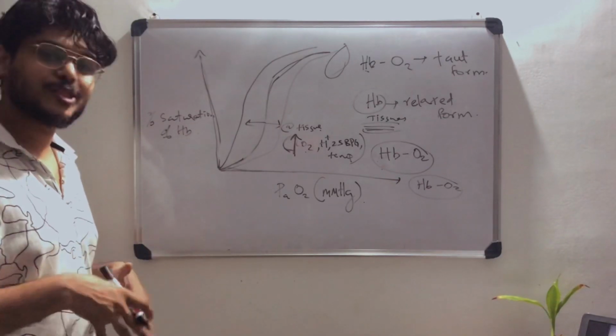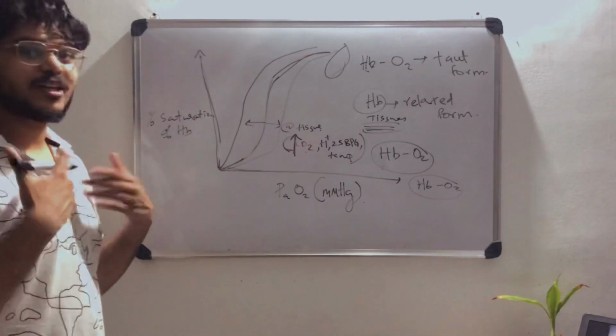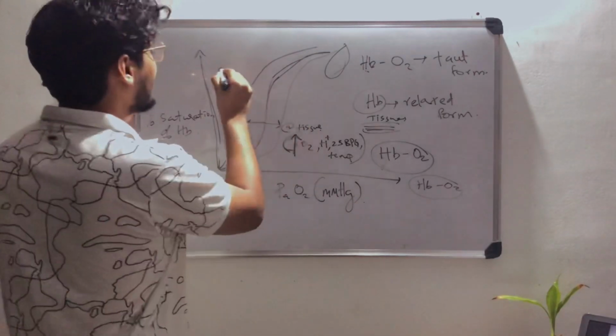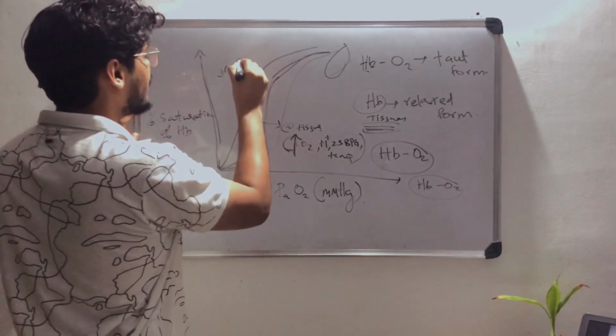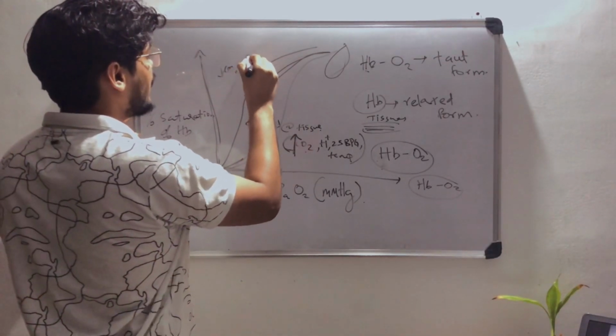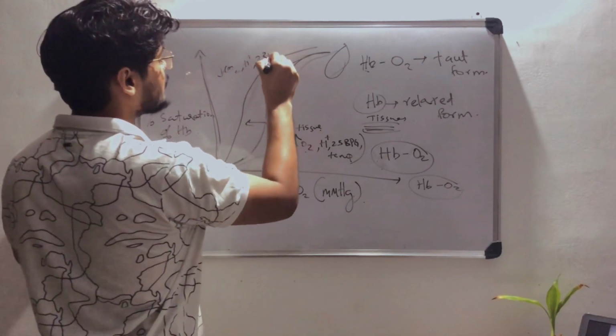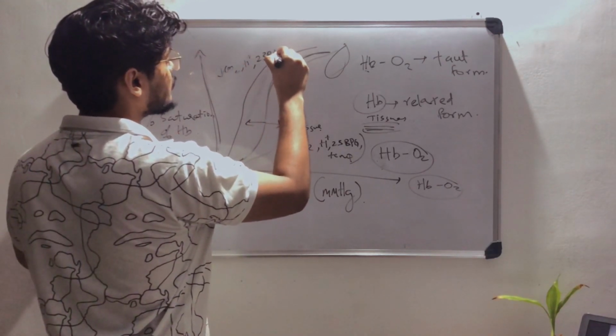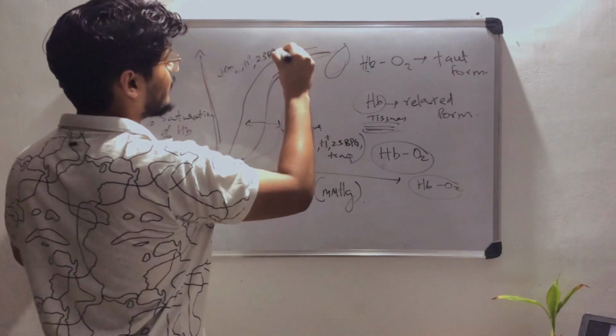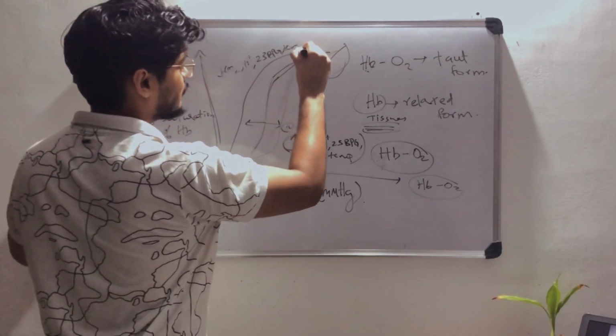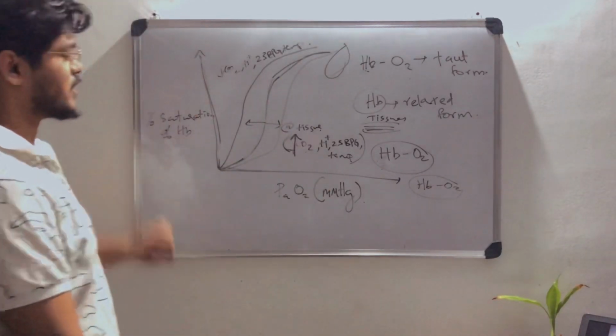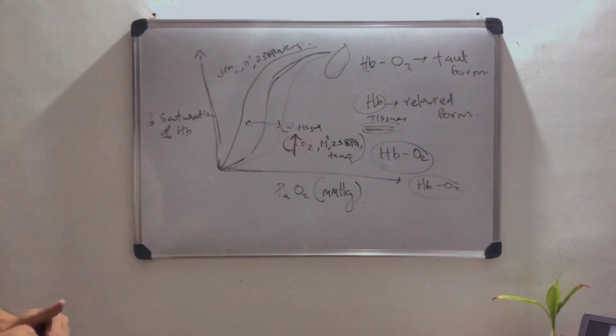Those friends are situated at tissues and not at lungs. So there is less carbon dioxide, less H plus, less 2,3 BPG, and less temperature. I hope you understand. It's very easy to understand, right?